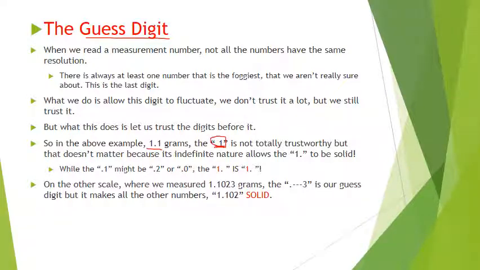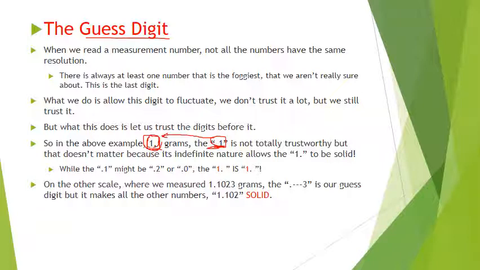I can't resolve it. It could be 0.1, it could be 0.2, but I'm going to say it's close to 0.1. You're trying to focus in on hitting the point, but it's absolutely true that the 1 is solid. So the 0.1, the blurry number, tells us for sure that this number is true.